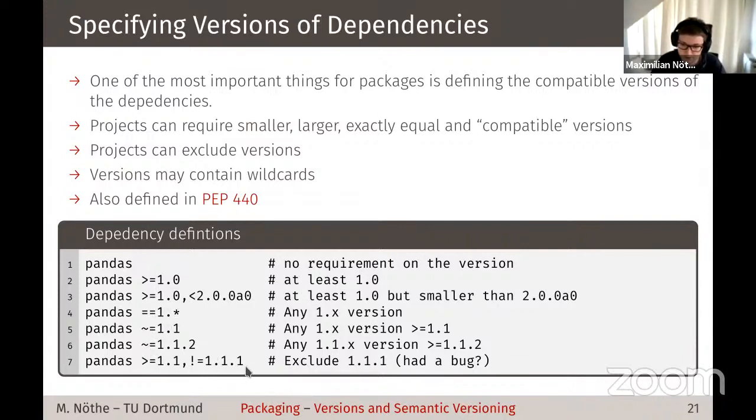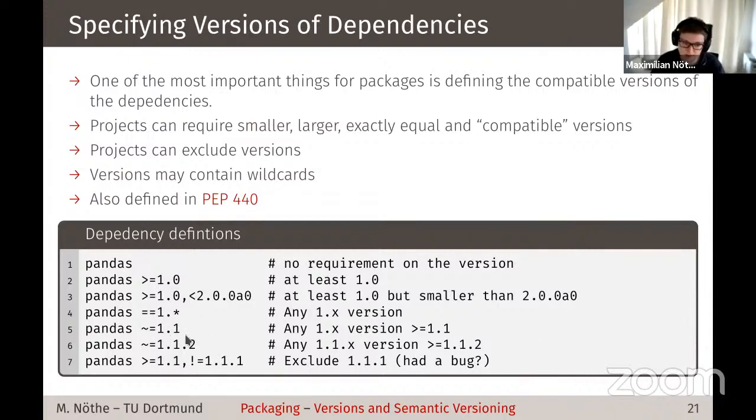You can also exclude specific versions where you, for example, know this one had a bug. I don't want my users to install this, then you can exclude it with an exclamation mark. And very handy is this notation with the tilde, which is the so-called compatible version specifier. And that means we should have at least 1.1, but any 1.x version higher than 1.1 is allowed.